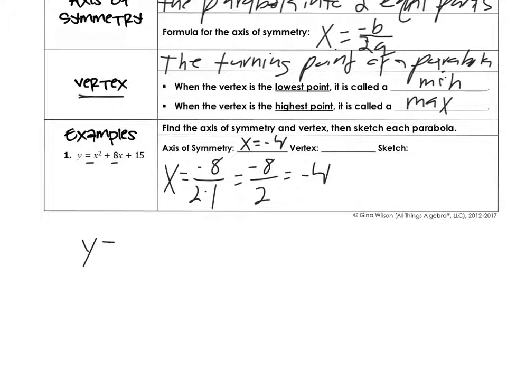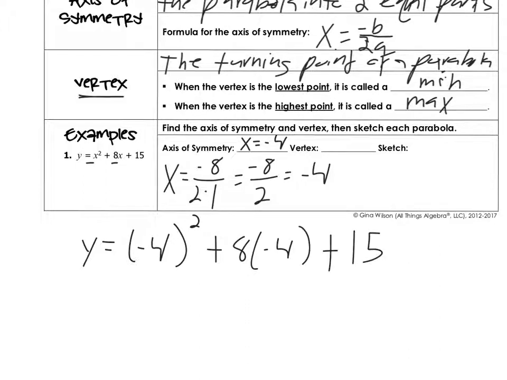So we can find the y value of our vertex by plugging in x equals negative 4: negative 4 squared plus 8 times negative 4 plus 15. If you plug that in, you end up with y equals negative 1. And so then our vertex is negative 4 comma negative 1, x value, y value.